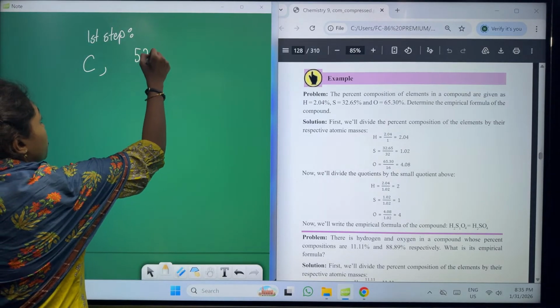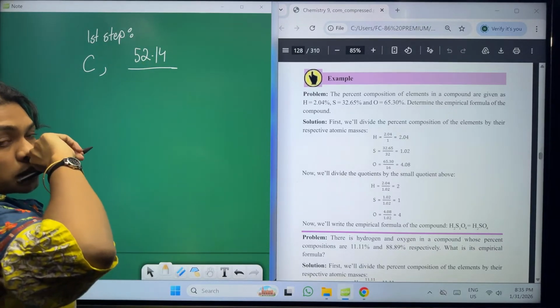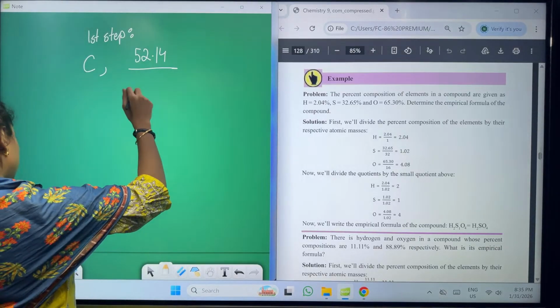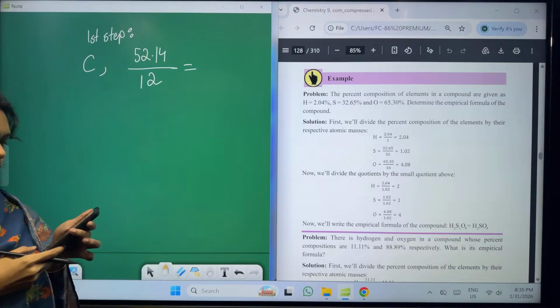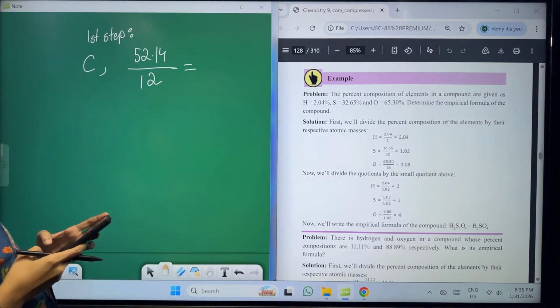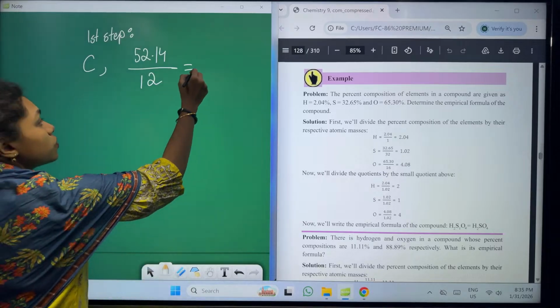So 52.14, once again we are not going to use the percentage sign because it represents 1 by 100, only the magnitude, divided by 12. Let's calculate. 52.14 divided by 12 gives 4.345.